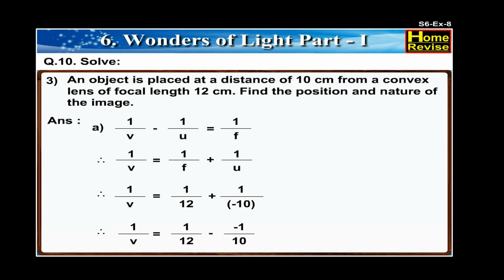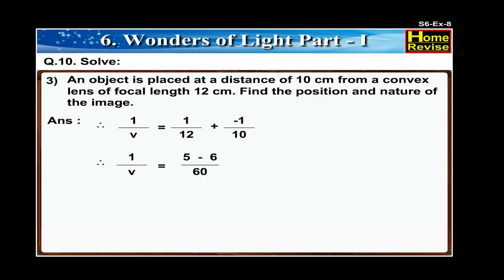Therefore, 1 upon V is equal to 1 upon 12 minus 1 upon 10. Further, 1 upon V is equal to 5 minus 6 upon 60. 1 upon V is equal to minus 1 upon 60. Therefore, V is equal to minus 60 centimeters.